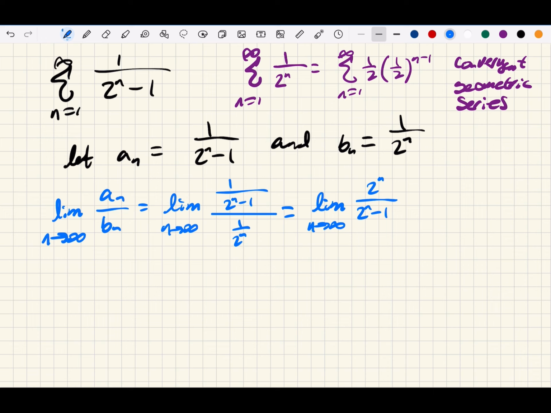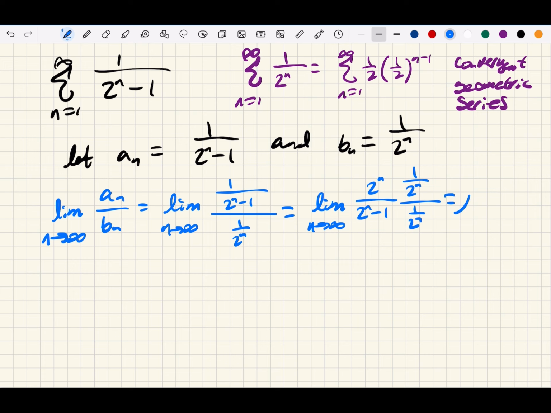Well, I don't even think you need to do that. Remember what you did in Calc 1? One of the very first things you did with a limit was divide the top and bottom by whatever has the biggest degree in the denominator. So in other words, I'd multiply the top and bottom by 1 over 2 to the n. I can do that.